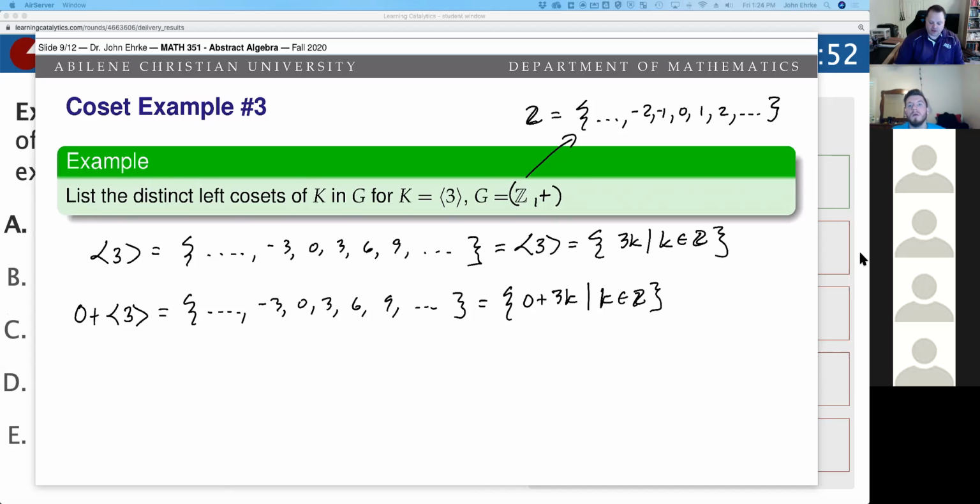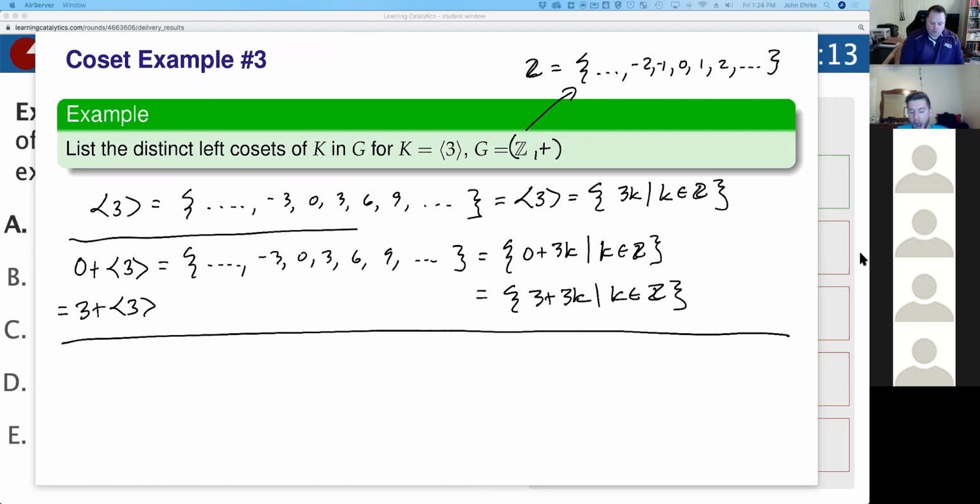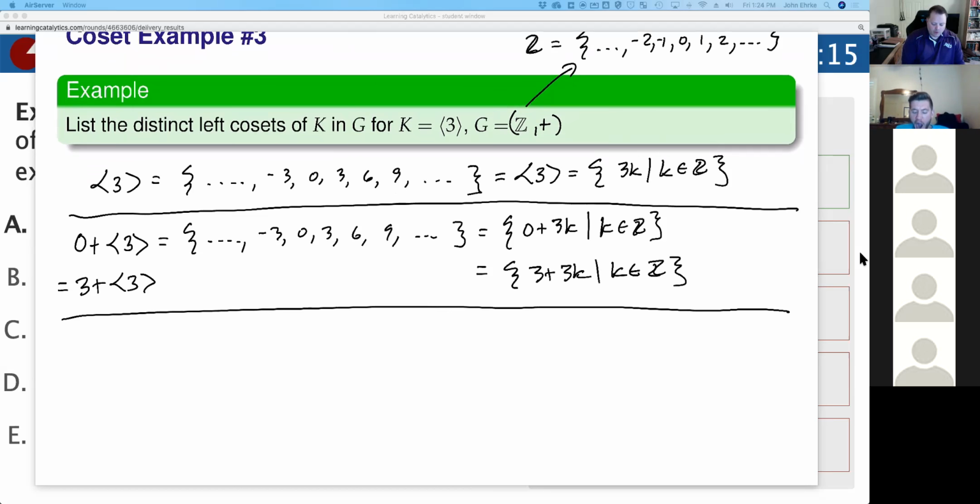That's all we've done. And this is going to be the same if I add 3 plus 3k, right? That's still the same. So 0 plus 3 is the same thing as 3 plus 3. Those are the same thing. So there's one. What are the others? Well, I can look at the one that's generated by 1. So the representative 1 would take everything in this set and add 1 to it.